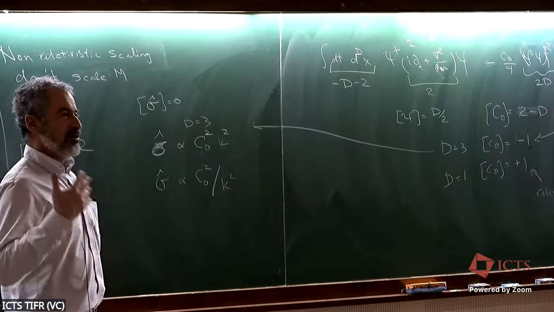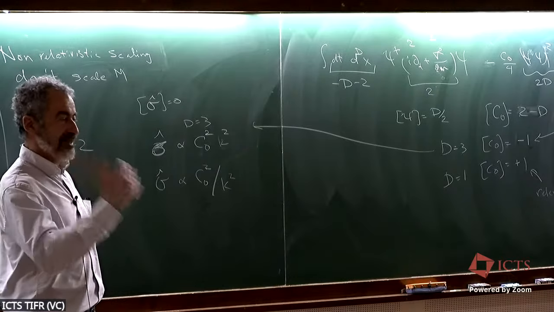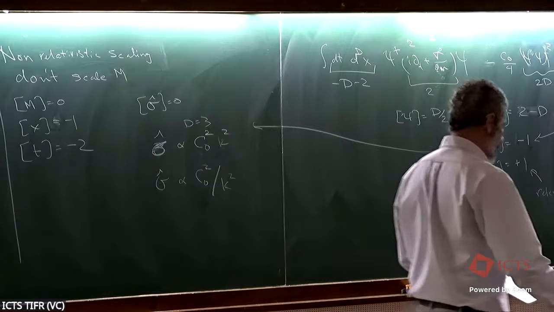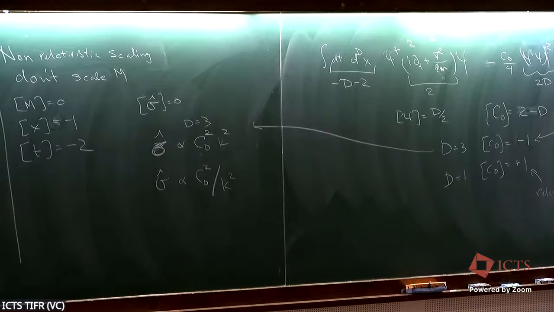And so QCD in 2+1 has a scale where the theory gets strong, which follows immediately from its dimension. If you did QCD in 5 dimensions, G would have negative mass dimension. It's irrelevant. You'd find there's no scattering in the infrared. You try to understand gauge theories in 5 dimensions.